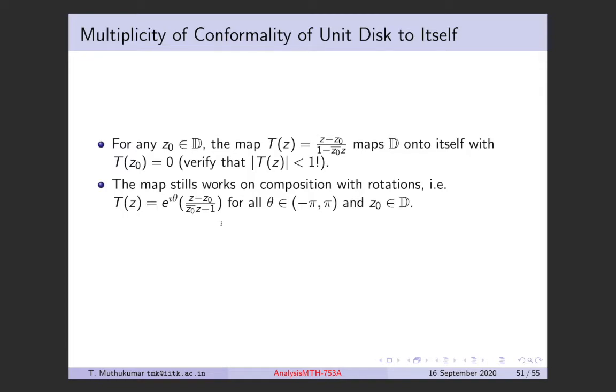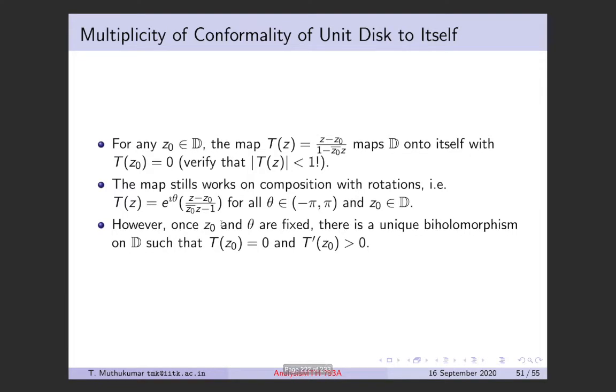You have so many conformal maps, which means that once you fix a z0 and theta, there is a unique biholomorphism from D onto itself, where the z0 is mapped to the origin and T prime of z0 is positive. Okay.